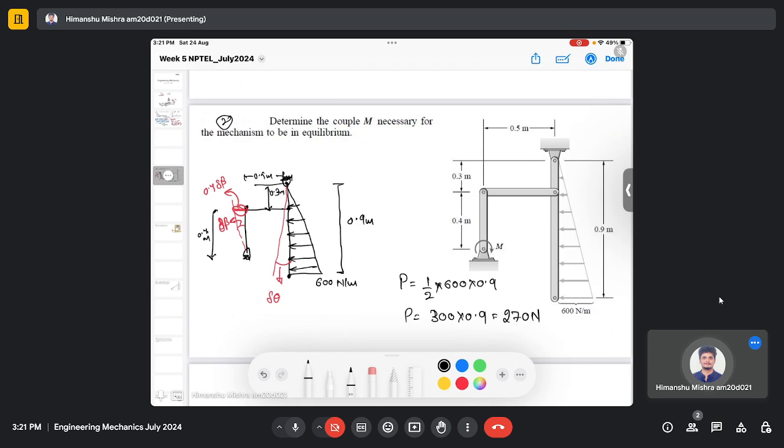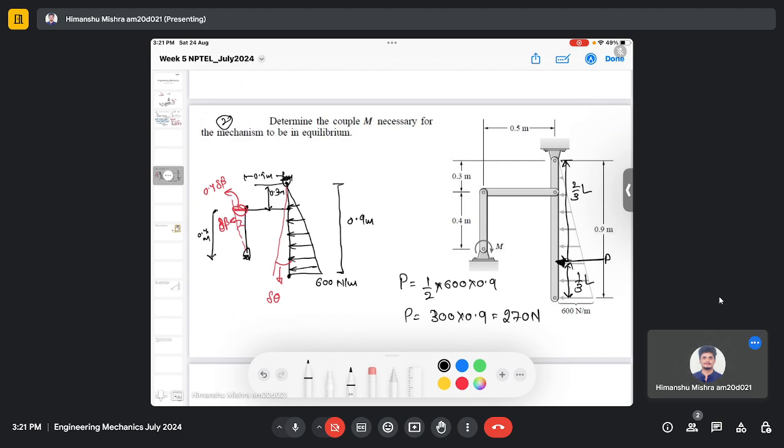And we also discussed how to identify the distance from the pin joint. So for example, if my equivalent point load P is acting here, the distance from the pin joint is 2 by 3 L, and from the base of the triangle it is 1 by 3 L, right?